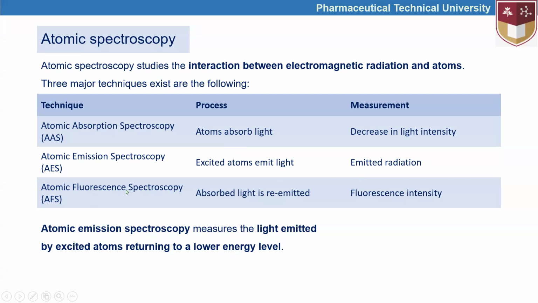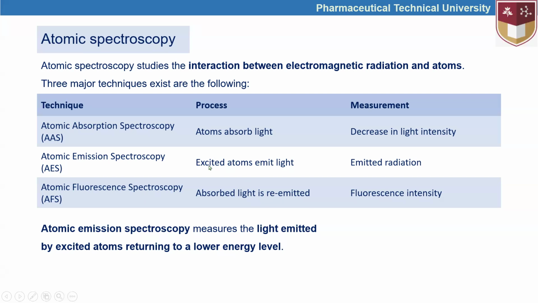And in atomic fluorescence spectroscopy, the light is absorbed and re-emitted. Here there is a difference: in atomic emission spectroscopy, flame or heat energy is given, and in atomic fluorescence spectroscopy, atomic electrons are excited with the light, and the emission is different from the absorbed light.